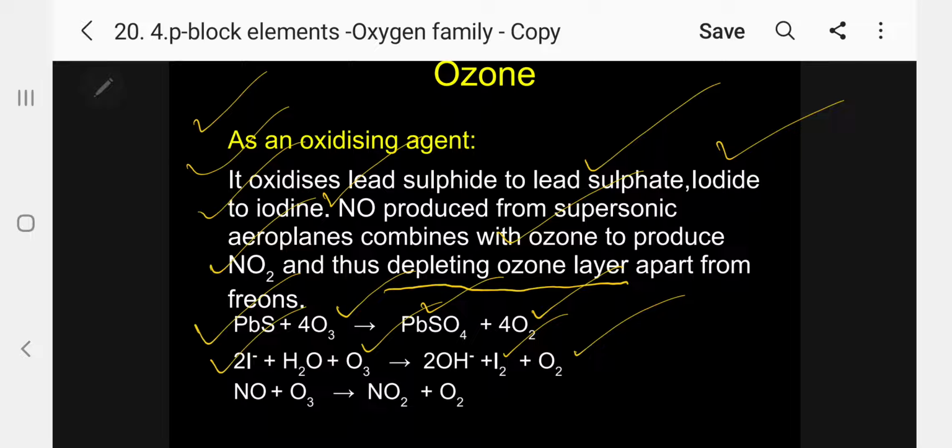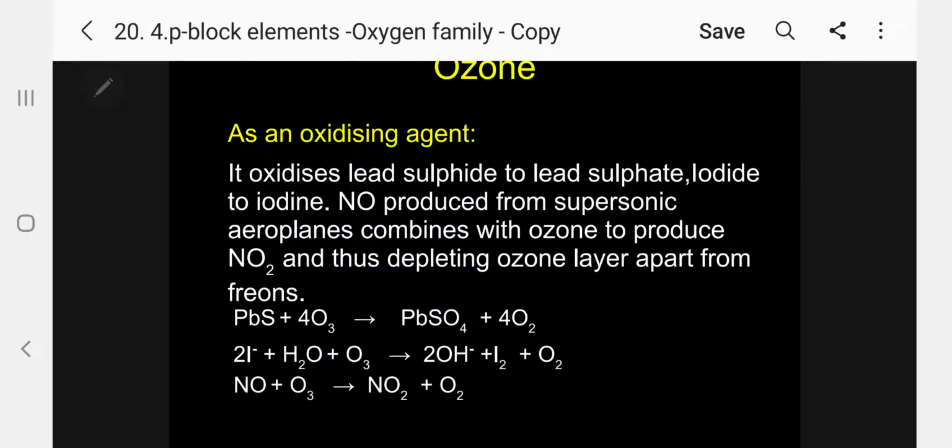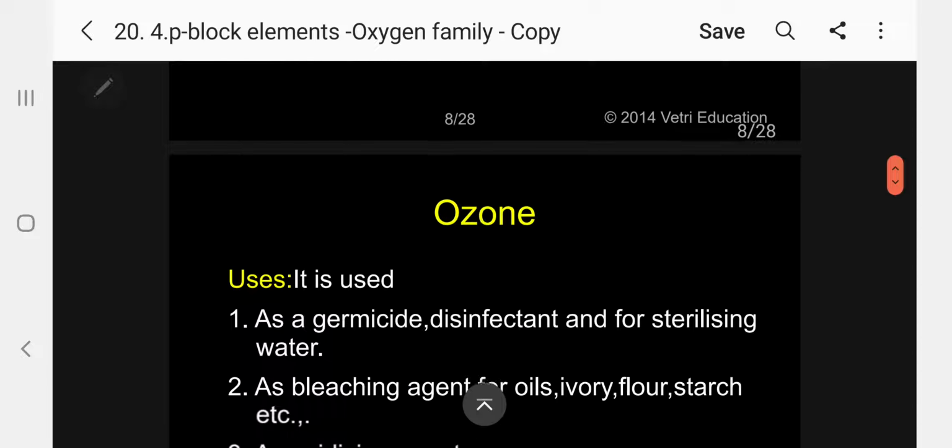Ozone also oxidizes NO to NO2, and oxygen is produced. That's why the ozone layer is depleted by nitric oxide. Kindly follow. So it is a powerful oxidizing agent.